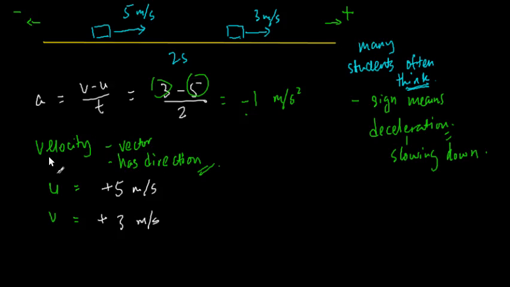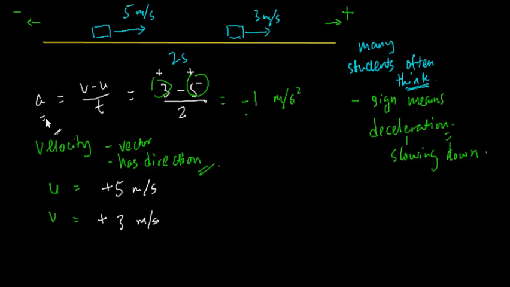So now that we have the signs, if we do the calculation again, we should remember that this is a positive number: plus 3 minus plus 5, and we get minus 1. Now, according to this rule, if I have a minus sign, it means that it is to the left.